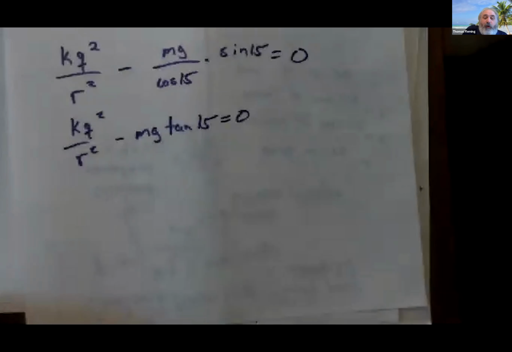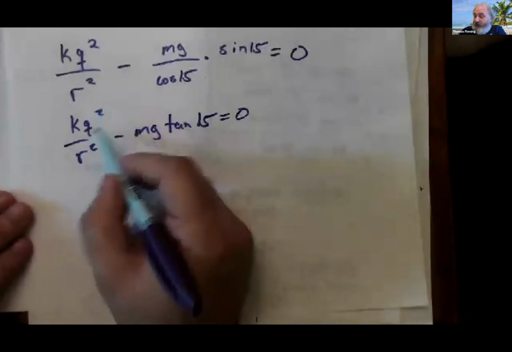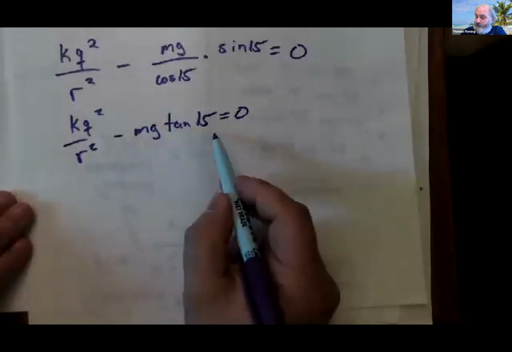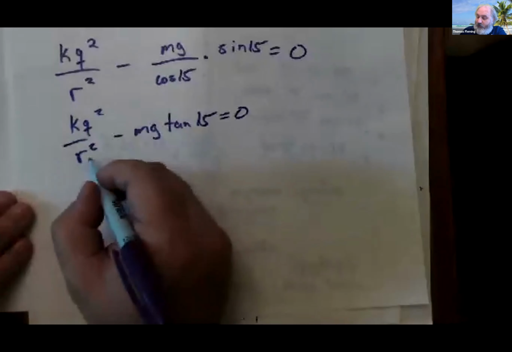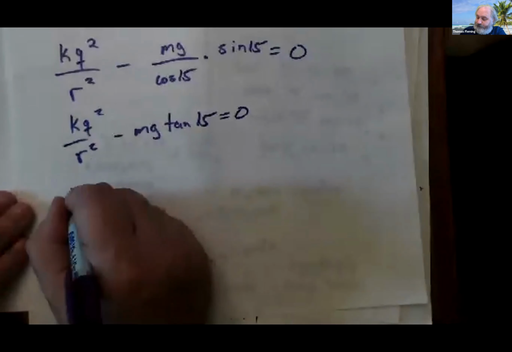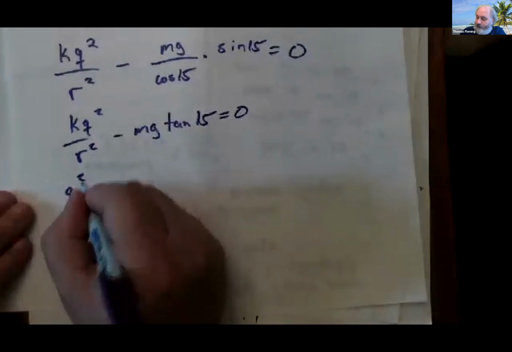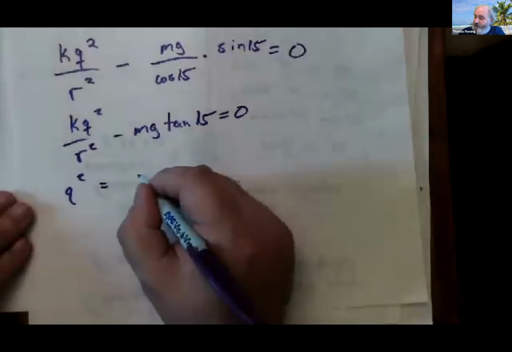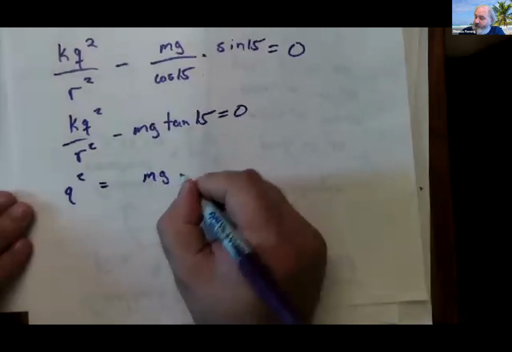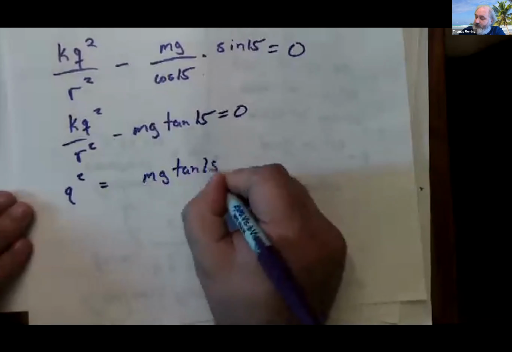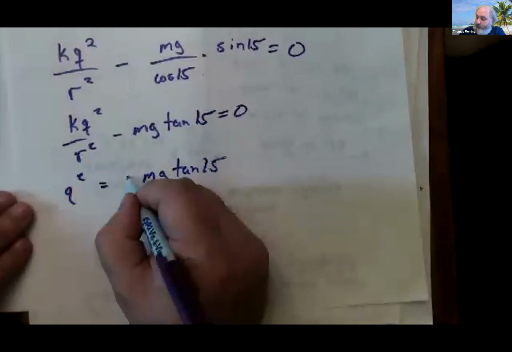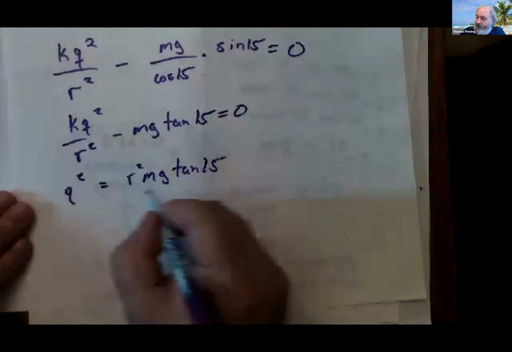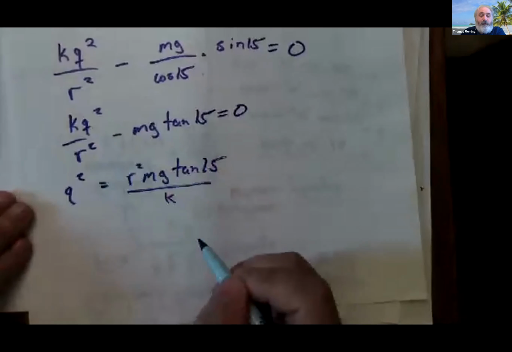All right. So I've still got this problem of I don't know R. If I solve this for Q by itself, I'd move this over, multiply by R squared, and divide by k. So I'd have Q squared equals mg tan 15 times R squared divided by k.